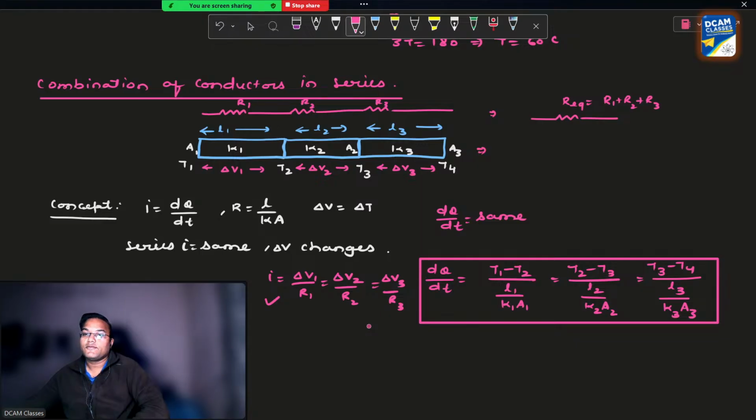And what will be the voltage difference? T1 minus T4. So I can also write I, which is dq by dt, is equal to voltage difference T1 minus T4 divided by R1 plus R2 plus R3.